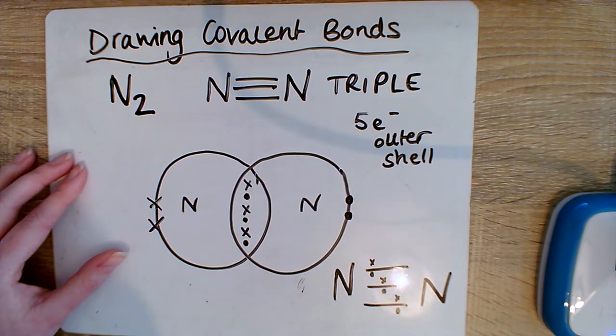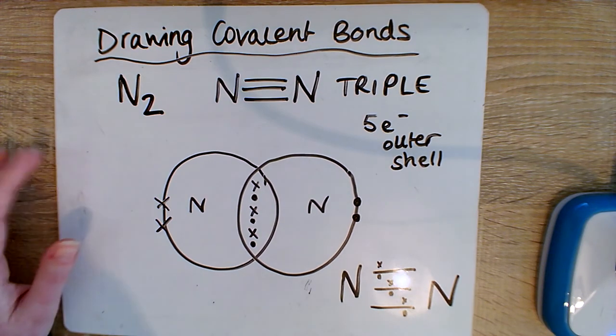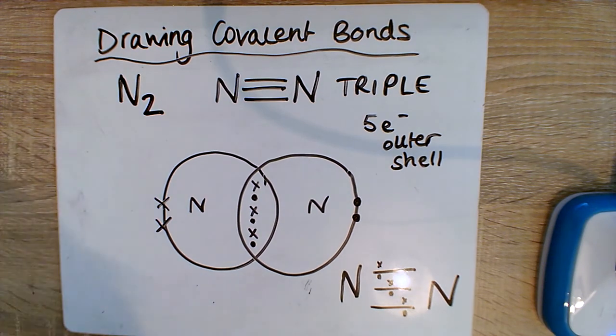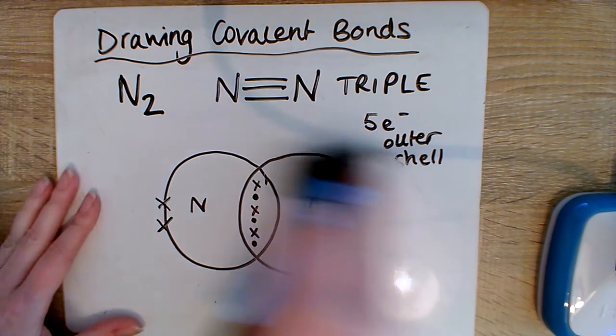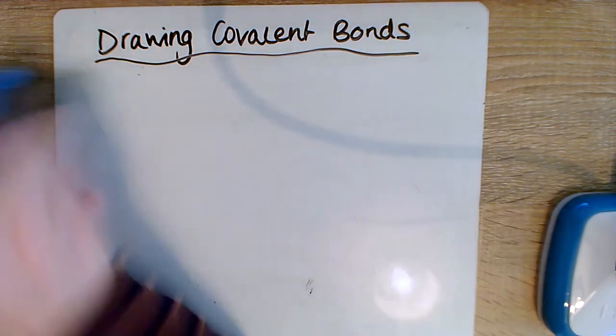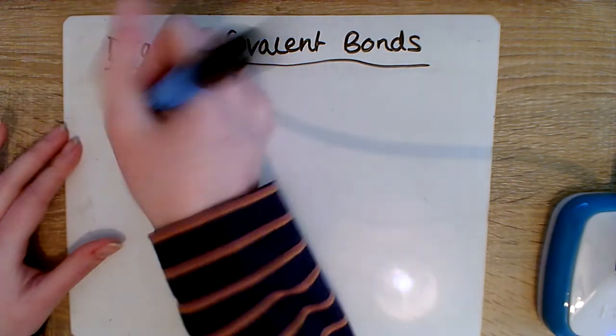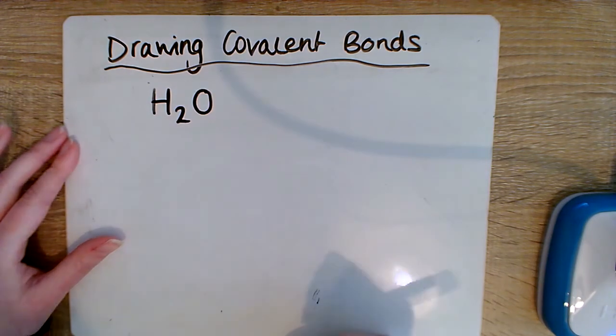Now I'm just going to do one more example before I let you crack on with drawing these in your books. This example is slightly different because rather than just having two of the same atom, it's got different atoms in there. So the example that we're going to look at is water, which is H2O, as we know.